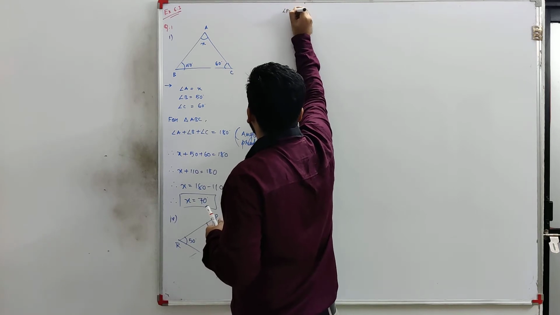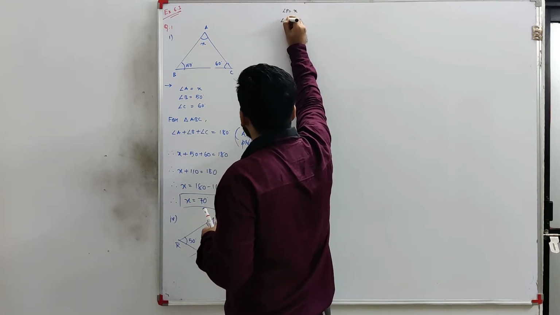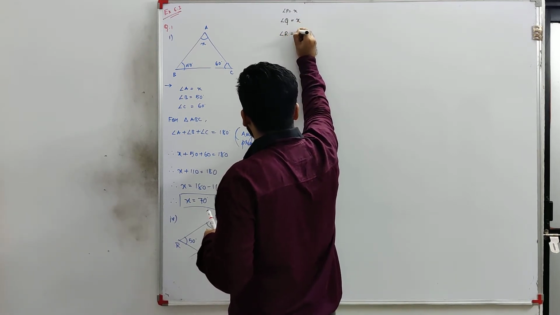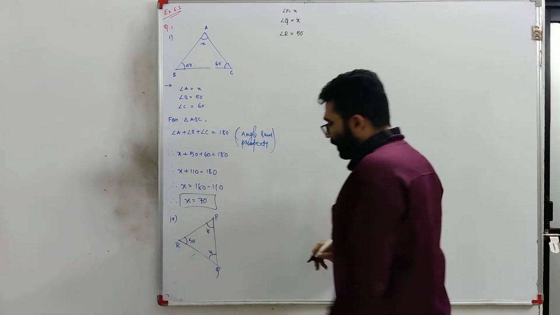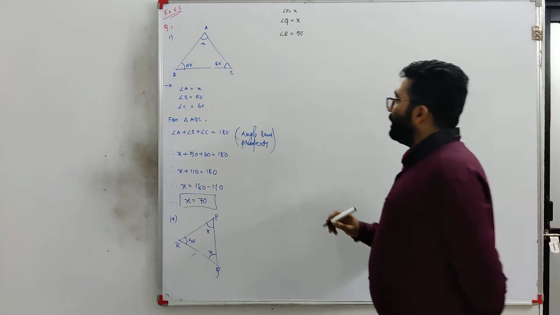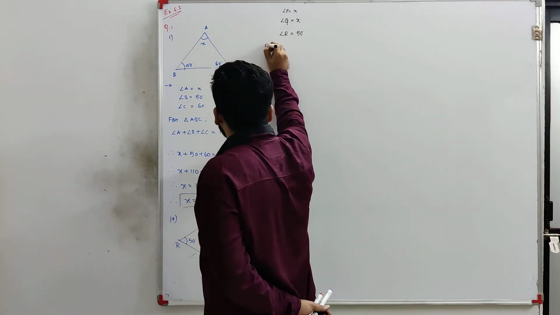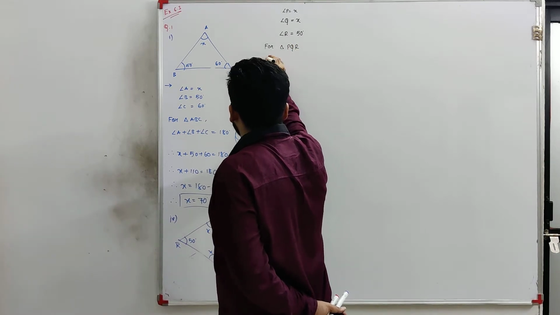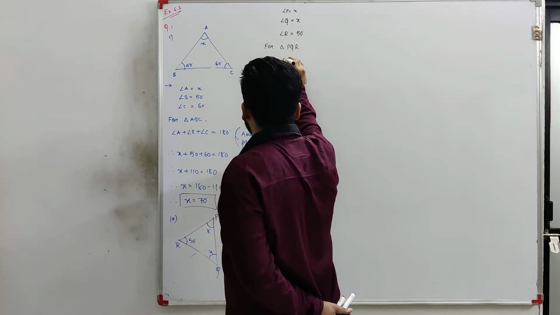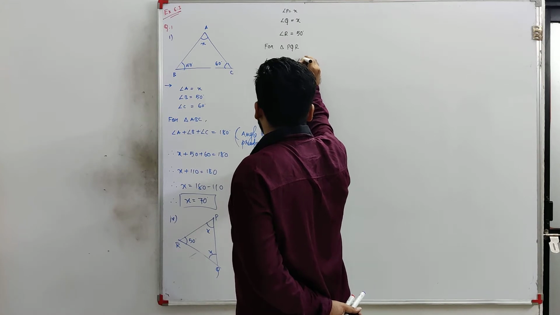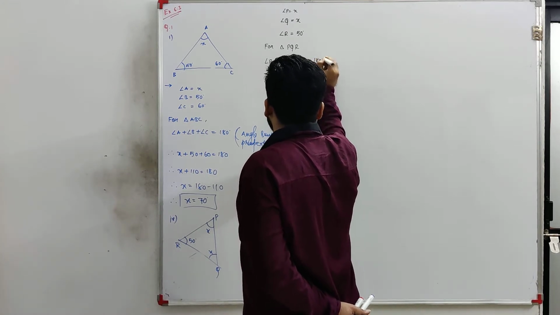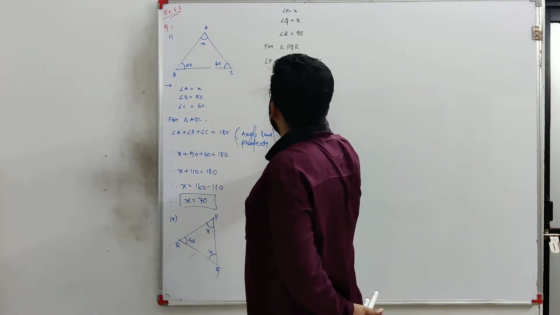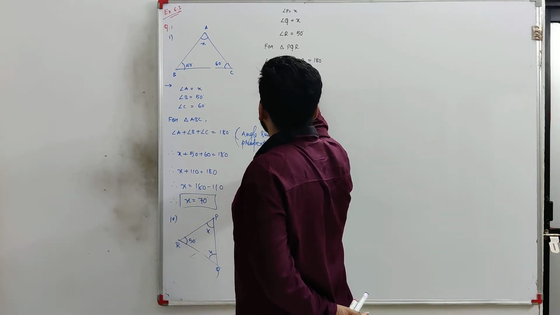Angle P is equal to x. Angle Q is equal to x. And angle R is equal to 50 degrees. So now I am writing like this: for triangle PQR, angle P plus angle Q plus angle R is equal to 180 degrees. Why 180 degrees? Due to the angle sum property.